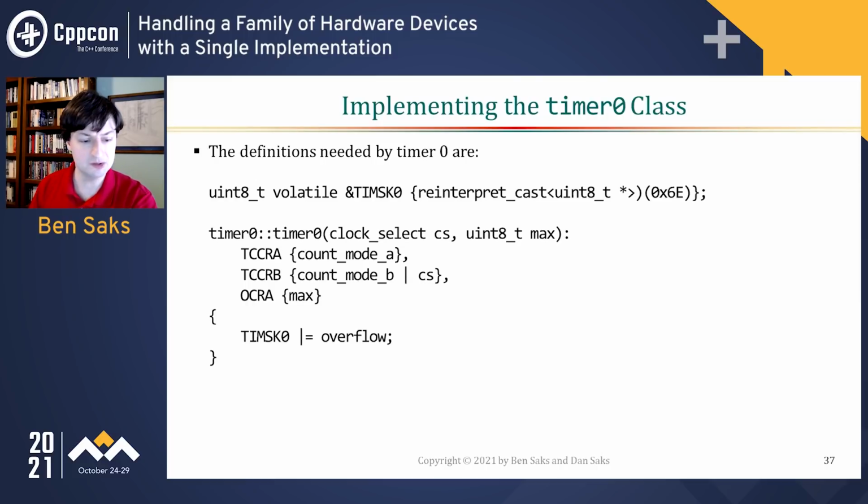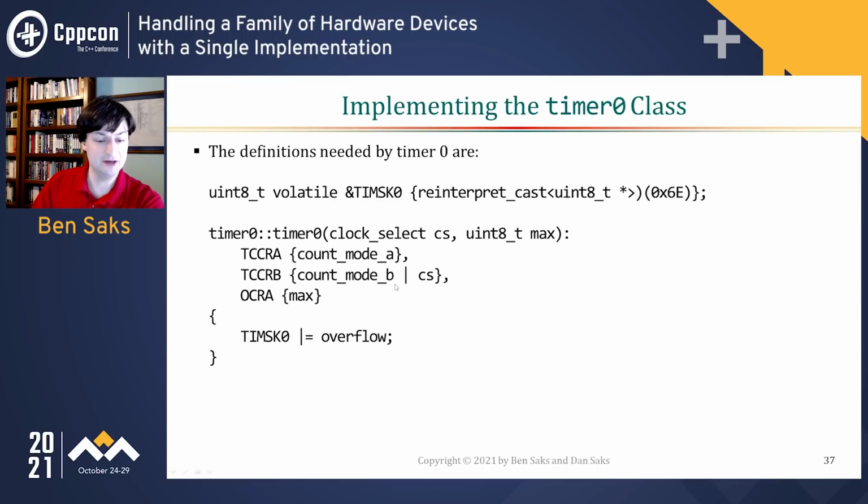Okay, so the implementations of these functions look like this. We have our interrupt mask 0 register here defined as this single separate object outside of the class because it doesn't fit the same layout. The constructor simply takes in the clock select option and the maximum value.